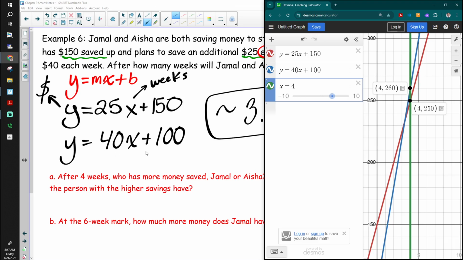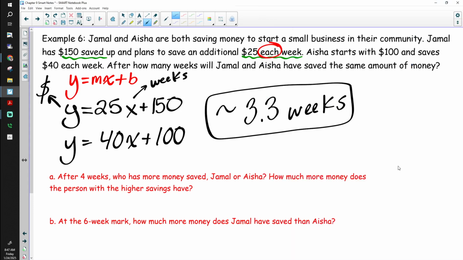You could also do it algebraically by plugging in for x. But after 4 weeks, who has more? It's going to be Asia. She has $10 more. Asia has $10 more than Jamal.